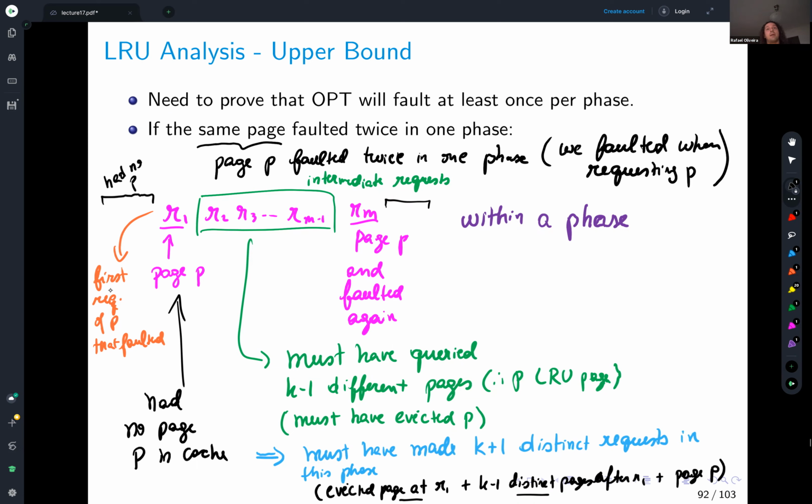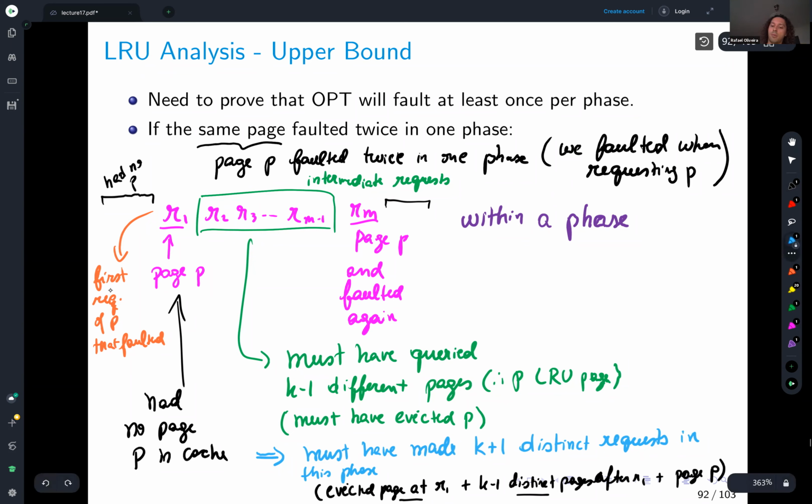But here's the thing, right? What is the size of the cache of opt? The size of the cache of opt is also k. So if you make k plus 1 distinct requests, opt has to fault at least once, right?